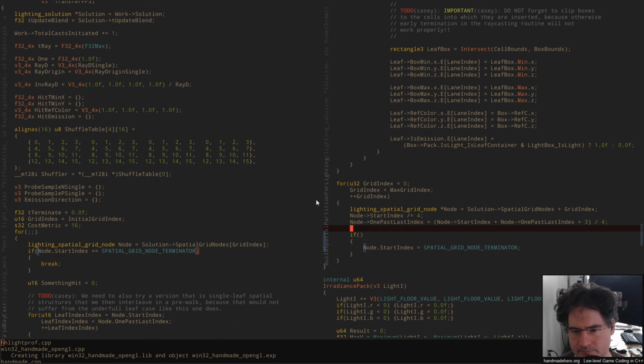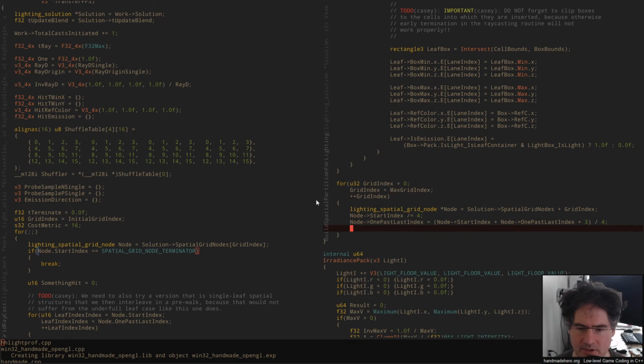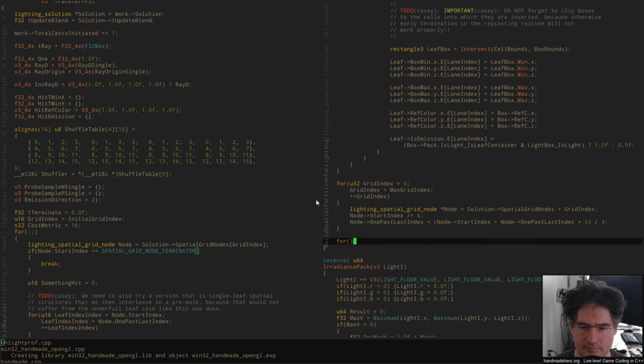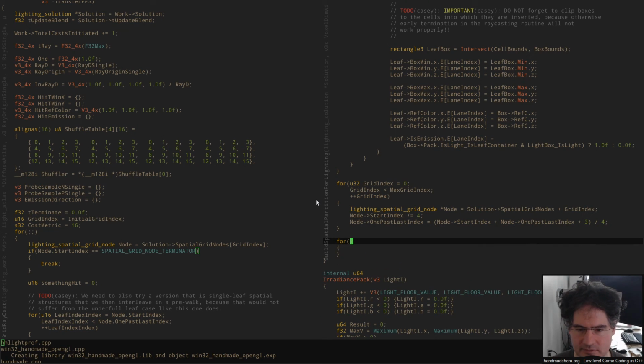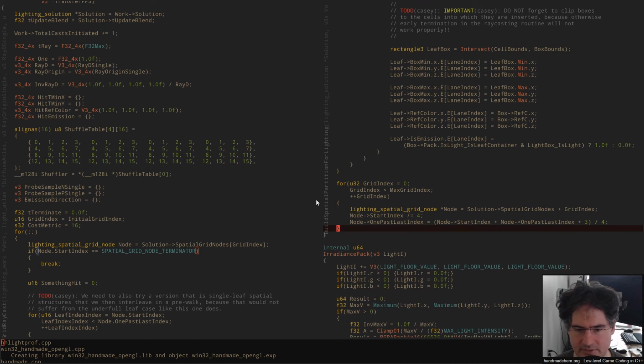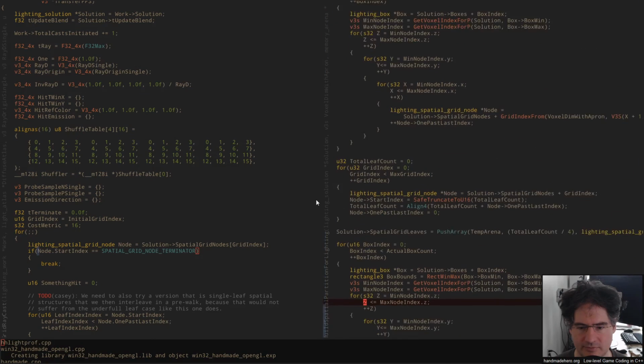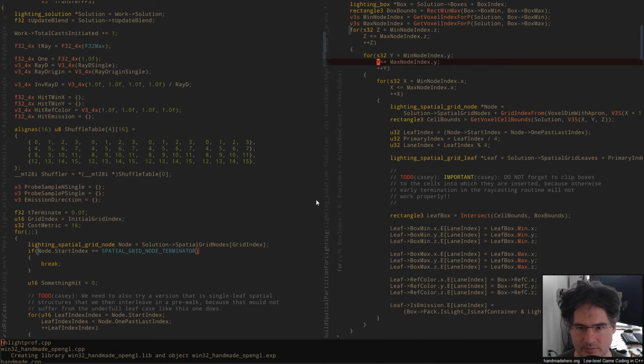Yeah, I'm not sure. So I guess you just need to do something like this. Maybe I'll just do it inline. I don't know. That's a tough one. So if I were to do a full sweep of the voxel, something like this.